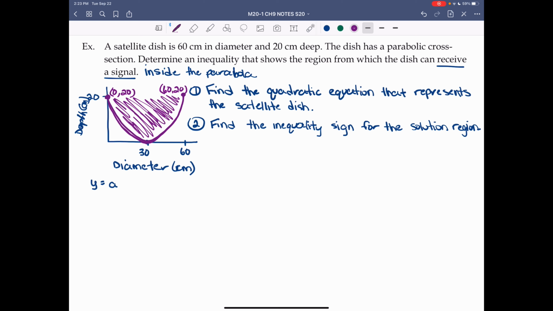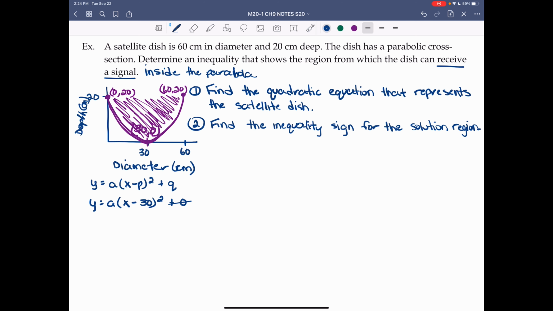Our vertex is halfway between those for the x value, so 30, and it's at 0. So 30, 0. We're going to use vertex form, y equals a bracket x minus p close bracket squared plus q. Subbing in our vertex, y equals a bracket x minus 30 squared plus 0.